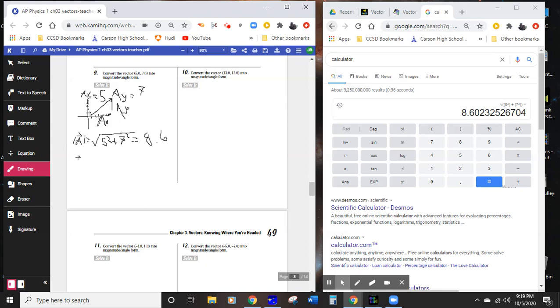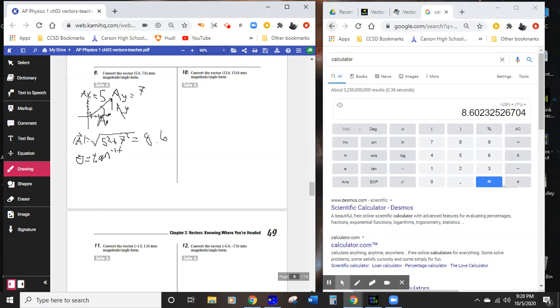Now to find the angle theta, okay, so normally here's the angle theta, and we have y over x, that's going to be the tangent. So to find the angle, we have to do what's called the inverse tangent or the arctangent. So this is going to be the inverse tangent, tangent minus 1.